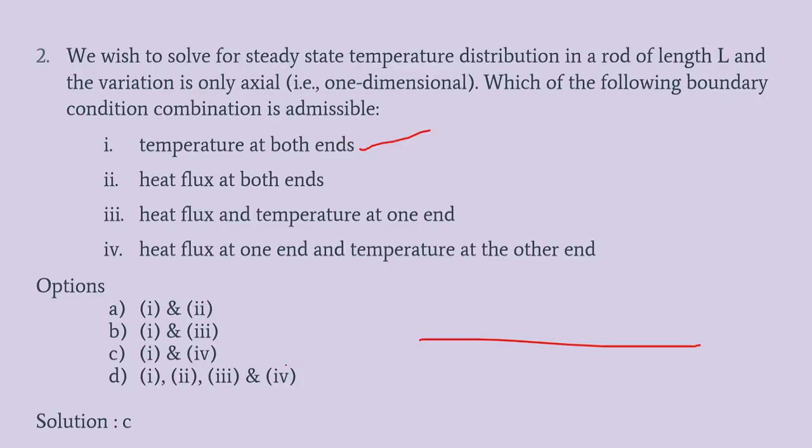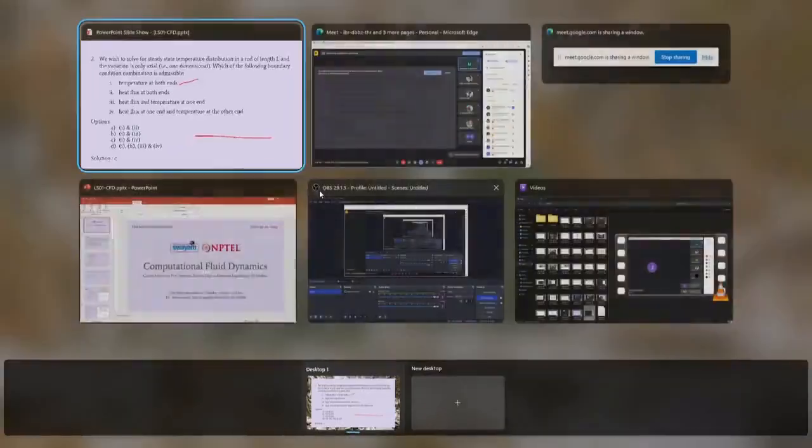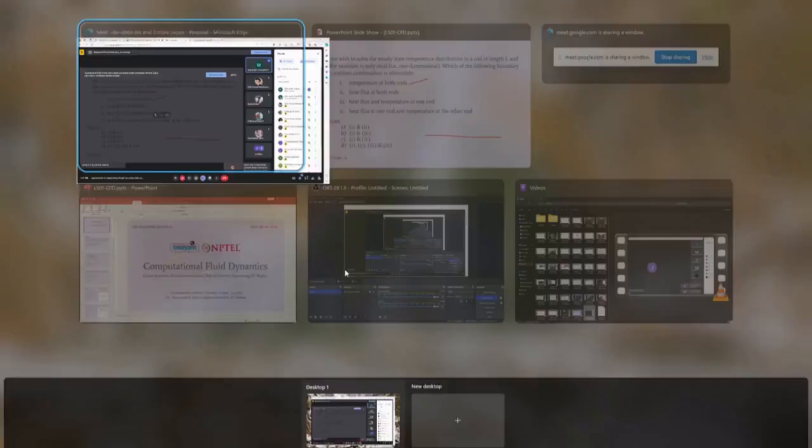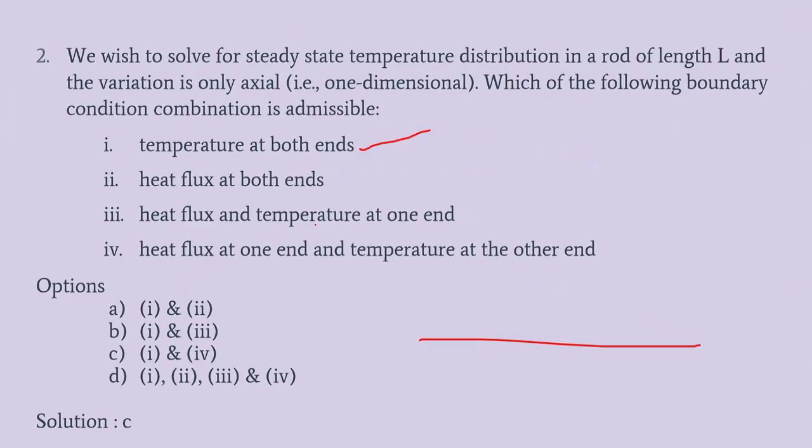Okay, so here heat flux is actually a kind of Q. Our variation is in temperature, and heat flux is Q. So it's a kind of derivative of temperature in a sense.